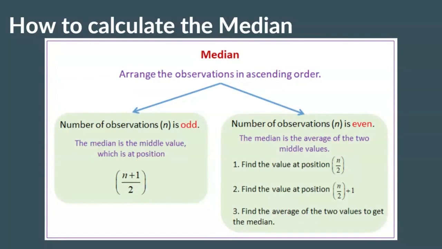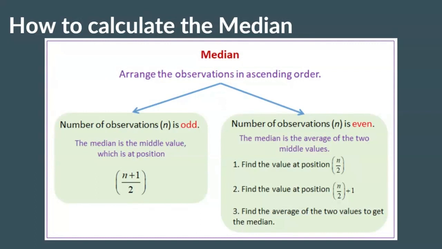If n is an odd number, so if you have 7 data points, you know that the 4th one is the median, because the 4th digit is the middle of 7 digits, right? There are 3 on either side of it.